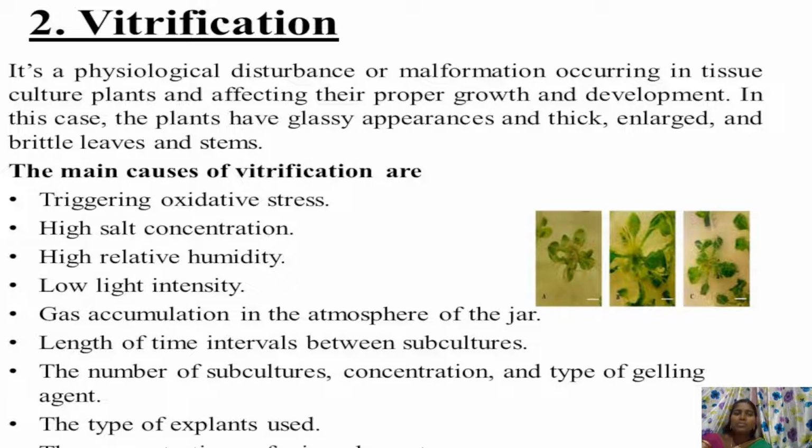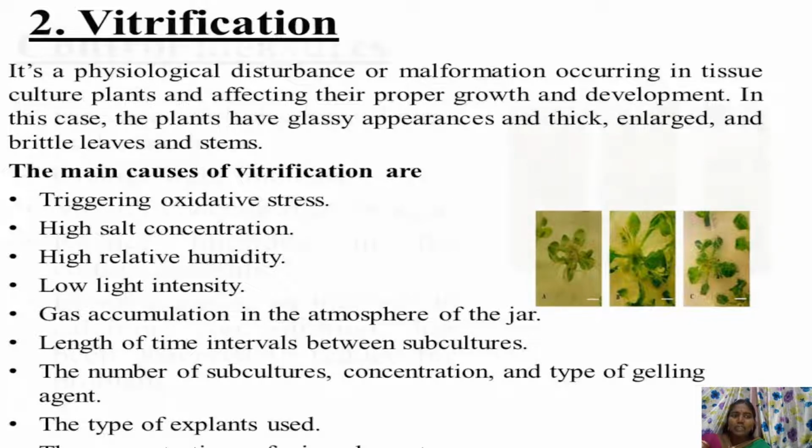The main causes of vitrification are oxidative stress, high salt concentration, high relative humidity, low light intensity, and gas accumulation in the atmosphere of the jar. The length of time intervals between subcultures, the number of subcultures, the concentration and type of gelling agent, and also the type of explants used may be causes of vitrification.